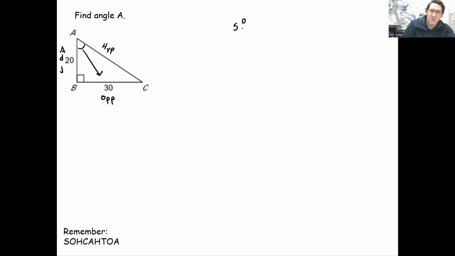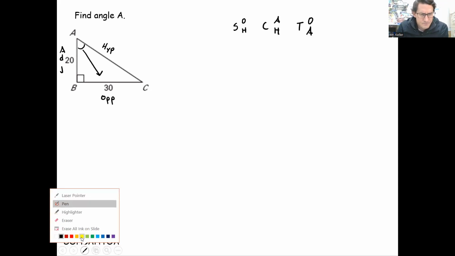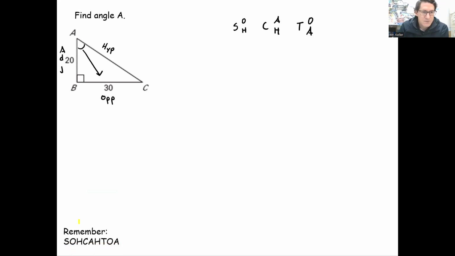Let me write my SOHCAHTOA the way I like to write it. SOHCAHTOA. We know the adjacent, and we know the opposite. So which trig function uses adjacent and opposite? That's going to be tangent.